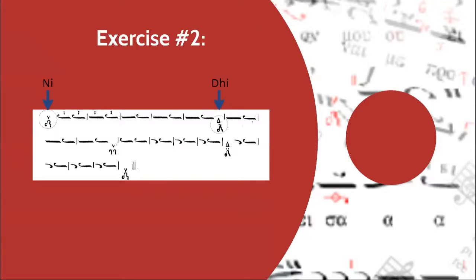If you need to, sing through this exercise again. The more often you sing through all of these examples, the sooner you'll be able to confidently read the neumes.